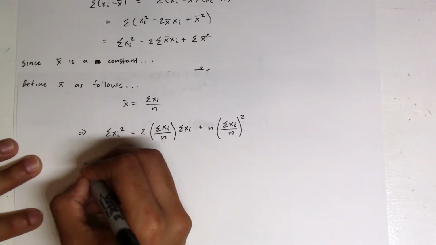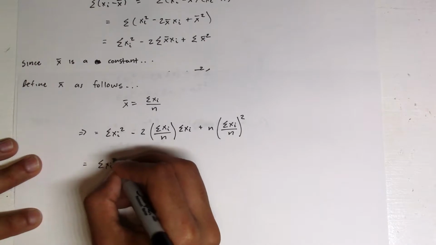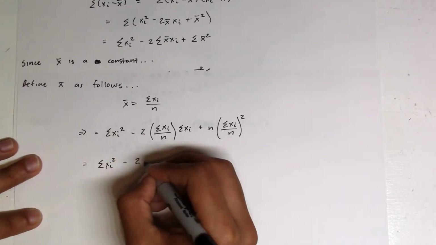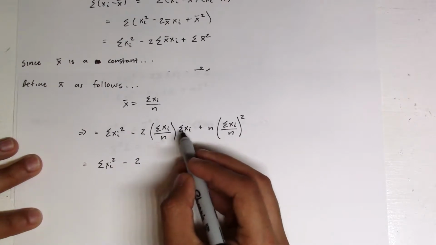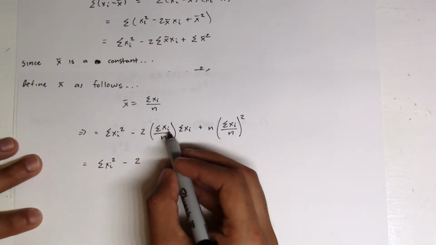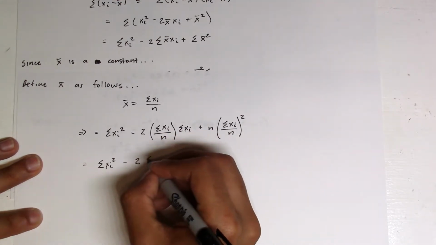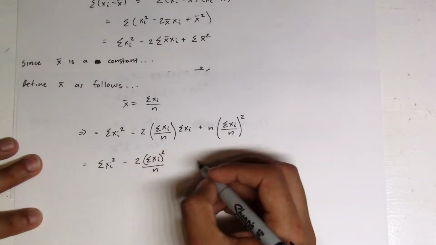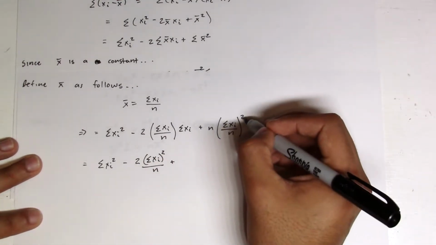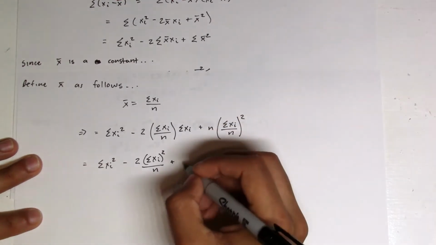So this equals the sum of xi squared minus 2. Since there's two xi values being multiplied, this is simply the sum of xi, the quantity squared, over n. Then I'm going to distribute this square to each term, the numerator and the denominator.